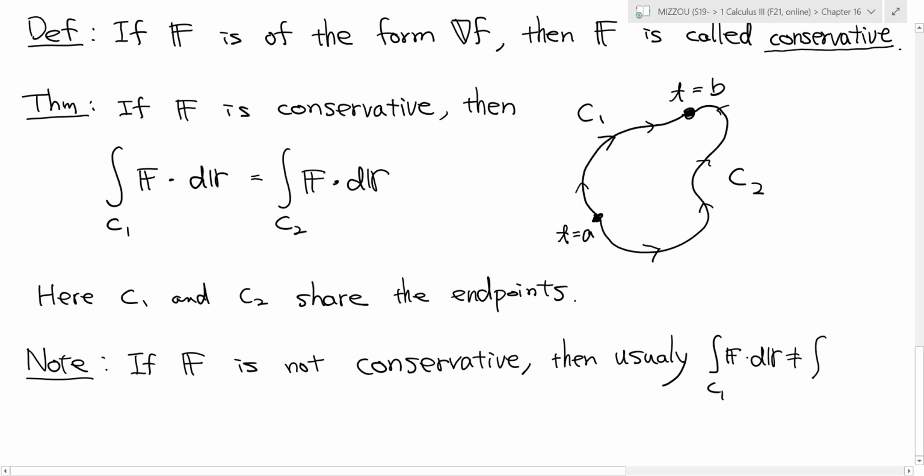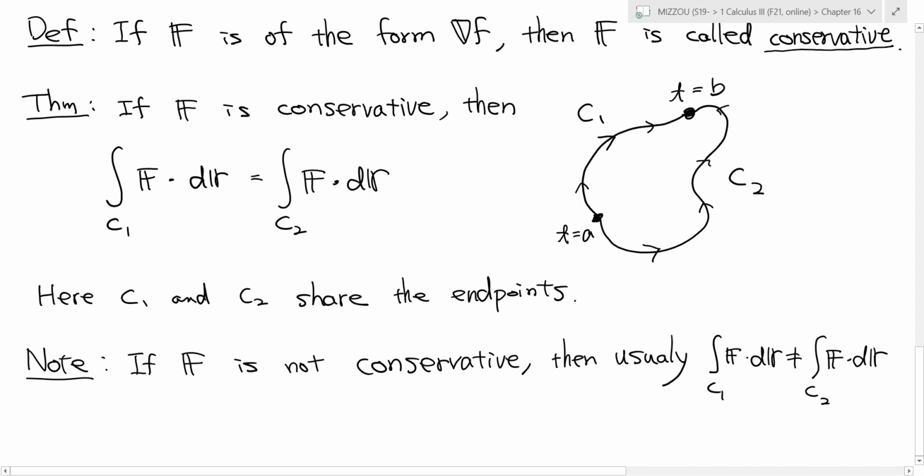It could be the same, but if those two happen to be equal for two different paths, two different curves, that's just a coincidence. So usually, if you choose different paths, you get a different integral.